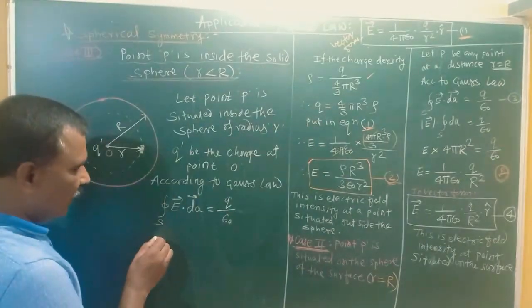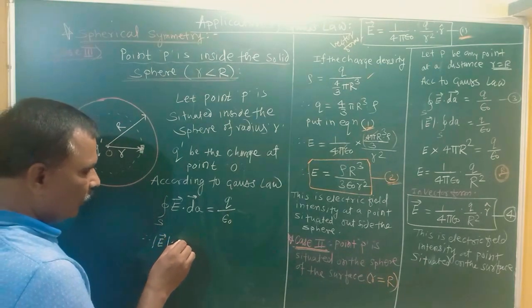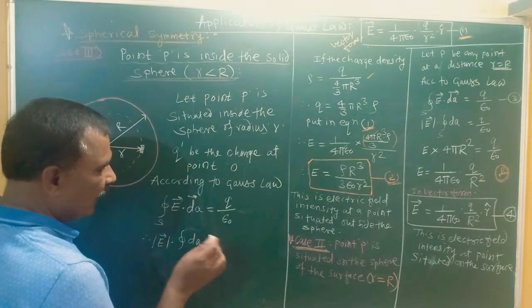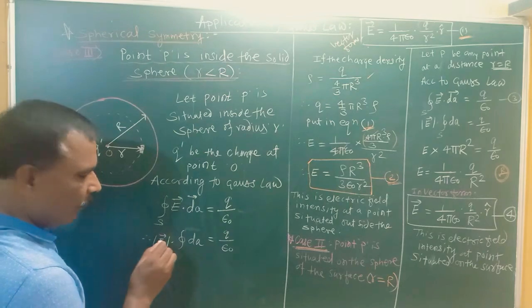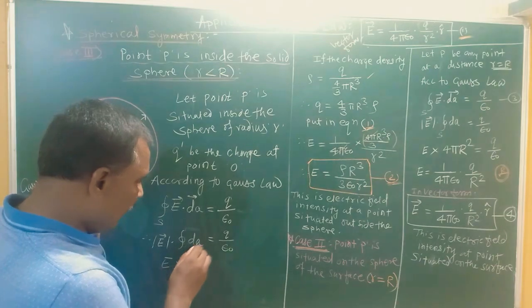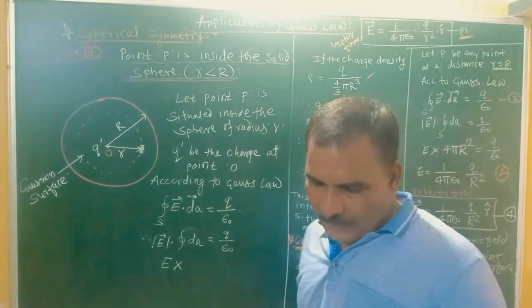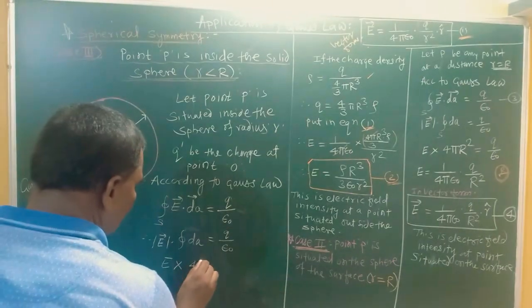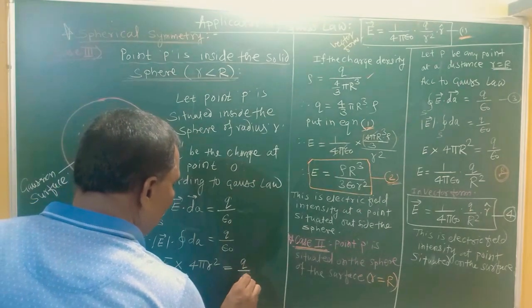E bar is constant, so magnitude of E into the surface integration of dA is equal to Q upon epsilon naught. dA gives the area of the inner sphere, 4 pi r square. So E into 4 pi r square is equal to Q by epsilon naught.